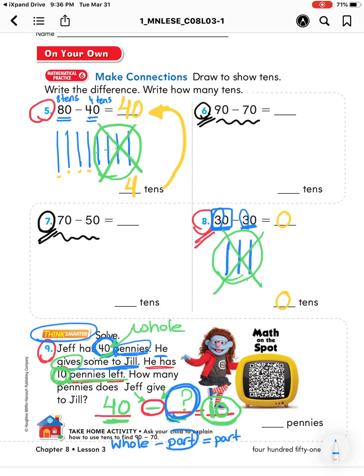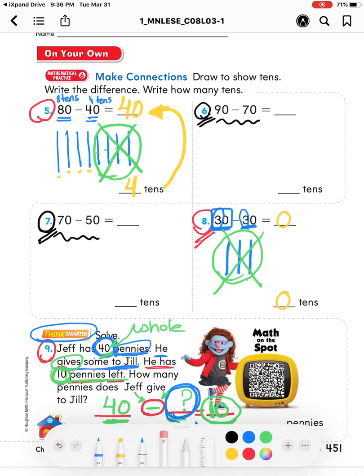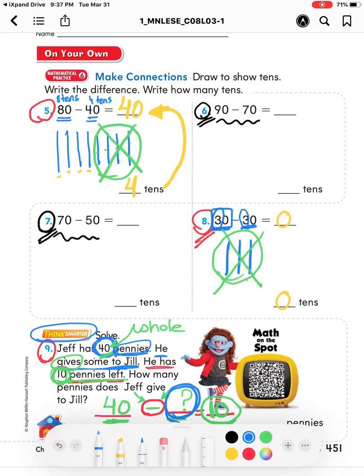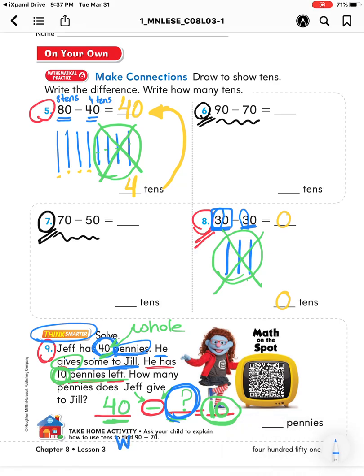Now, if I want to know the value of this part, I will switch their places. Okay, so I will have the whole minus part. I will use colors actually. This would be better if we used colors.